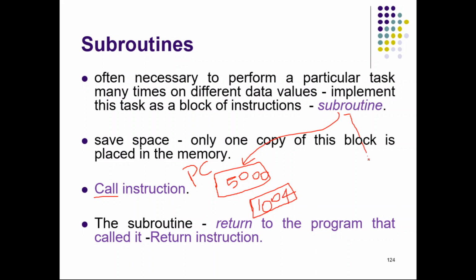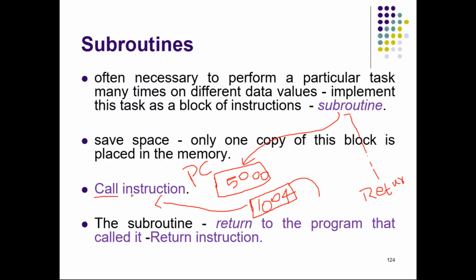After finishing execution of the subroutine, the last statement in the subroutine will be the return statement. When the return statement is executed, whatever is available in this special register will be popped out. So what is that? 1004. That is the return address, so the control will transfer to the return address.